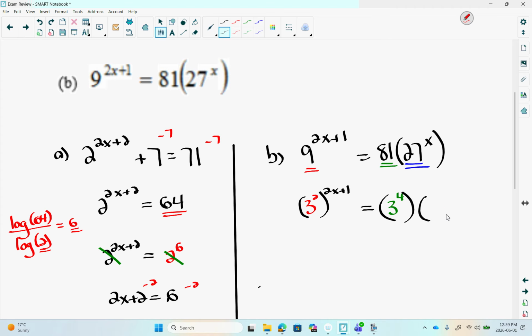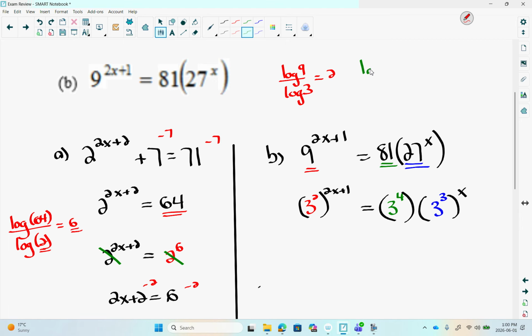And that's multiplied by, what's 27? 3 to the power of what? 3. Again, if you didn't know how to do that, or if you couldn't solve it in your head, you could do the log of 9 divided by the log of 3. That would equal 2.